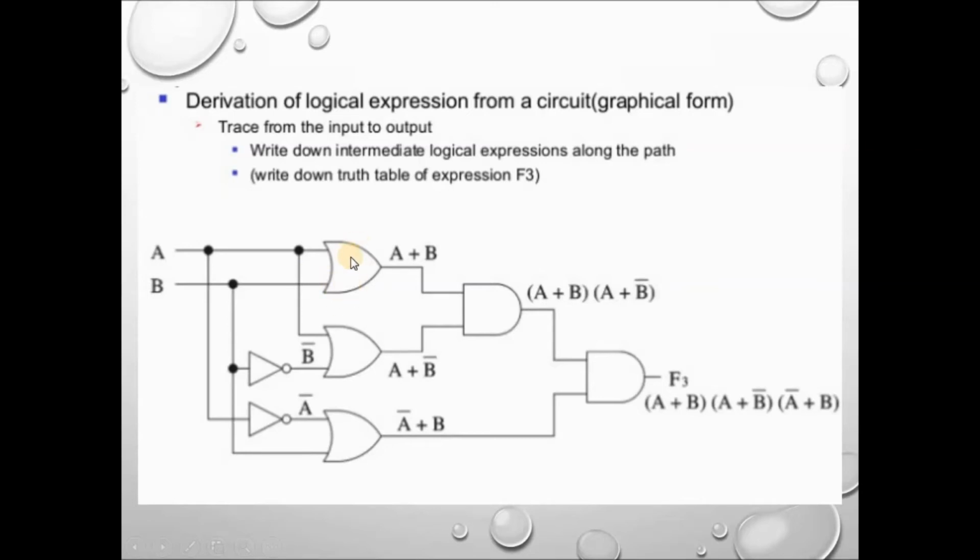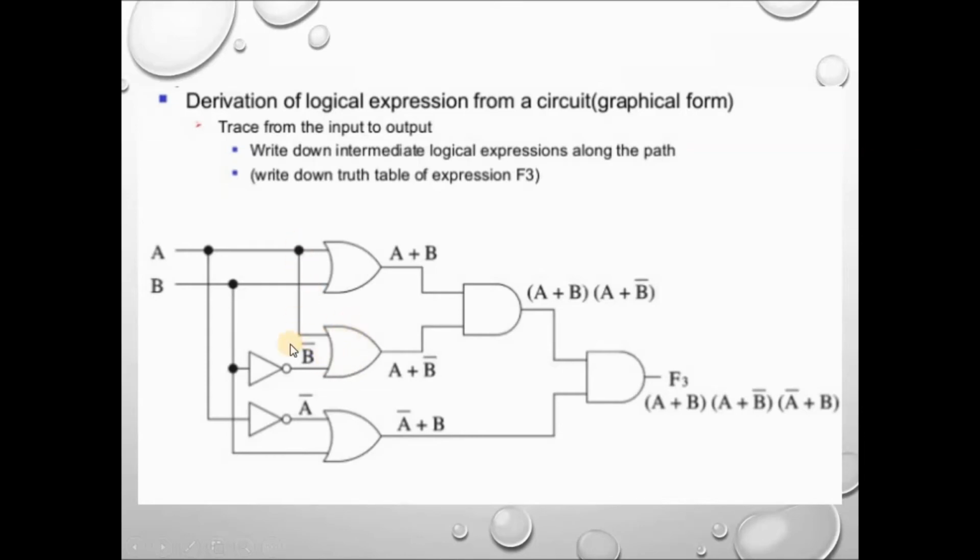This is an OR gate, so you have to write plus between the operands. A and B two inputs are there, so between these two inputs we write plus, that means OR. Clear? And this is a NOT gate. In this OR gate, what is the input here?